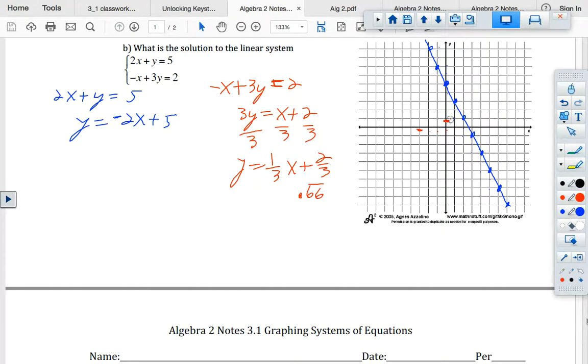Up 1, 1, 2, 3. Up 1, 1, 2, 3. Okay. And what does that look like it's close to? It looks like 2, 1, right?